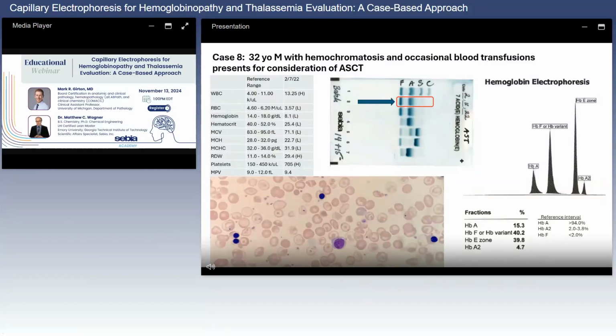Additionally, we see nucleated erythrocytes. So we would not normally expect to see those in the peripheral blood. Of course, we would expect to see those in the bone marrow. And you can see the increased background platelets that correlates well with that increased platelet count.